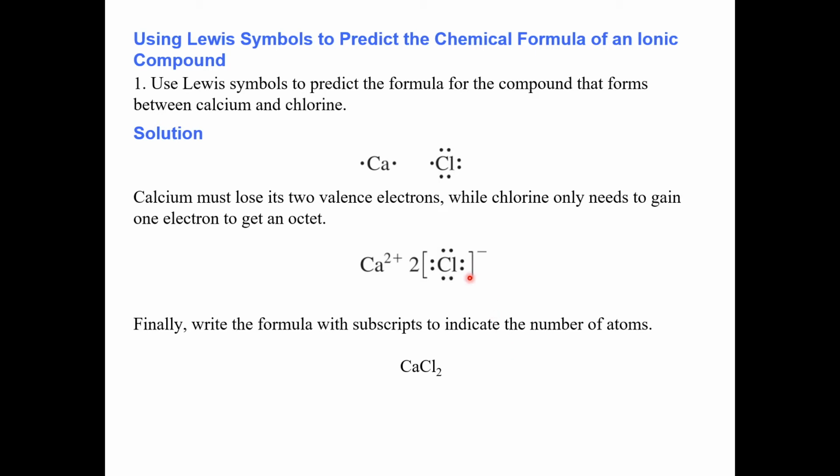What's important to remember is that ionic compounds are neutral. The positive charge from the cation needs to equal the negative charge from the anion. So for chlorine, we would need 2 of these ions so that the +2 can be canceled out by the -2, so that we would have a neutral ionic compound.